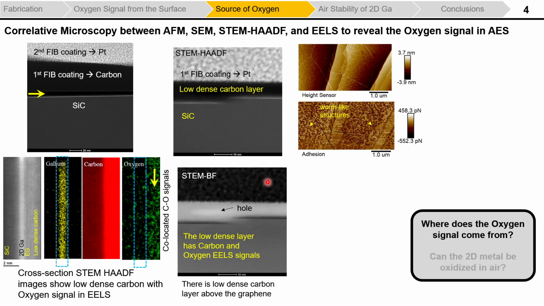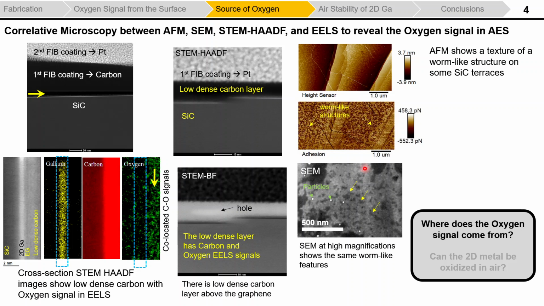But we could correlate more plan view investigations to this. When we applied atomic force microscopy for the height map and adhesion map, we can see clearly that in some terraces there is this worm-like shaped structure on the surface, and that's also correlated with what we see in high-resolution imaging SEM, where we still see these worm-like shapes.